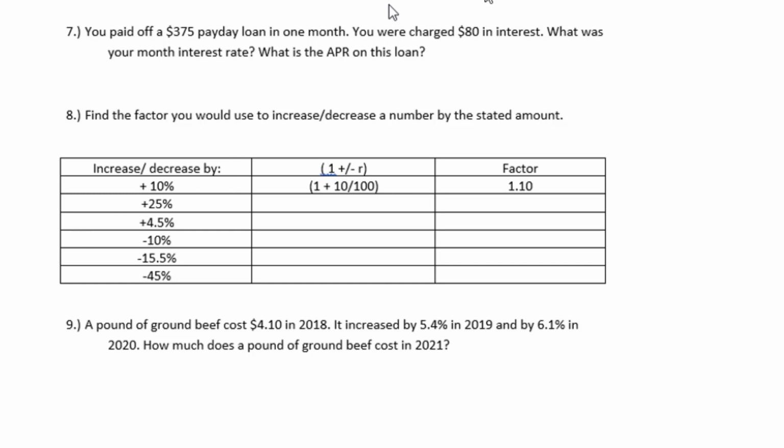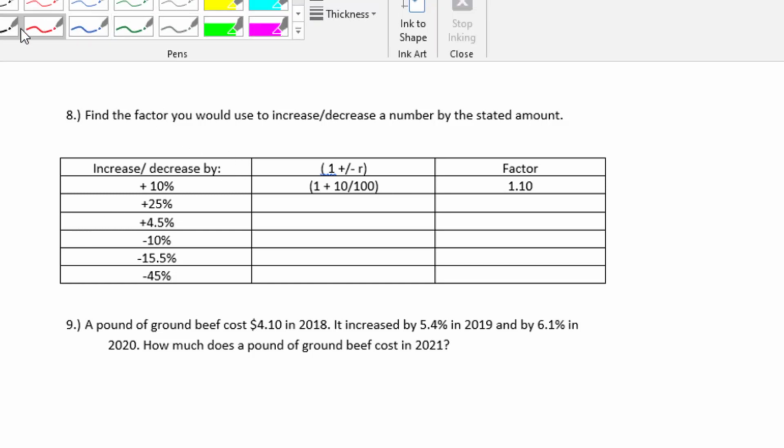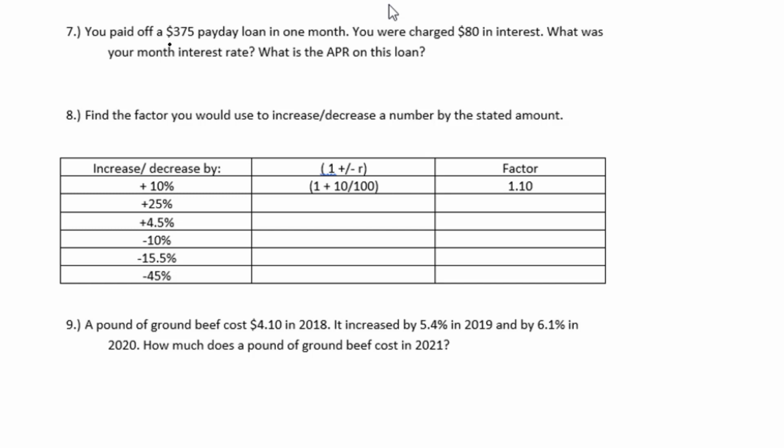So you paid back a $375 payday loan in 1 month. You were charged $80 in interest for the 1 month out of a total of $375 equals some number over 100.